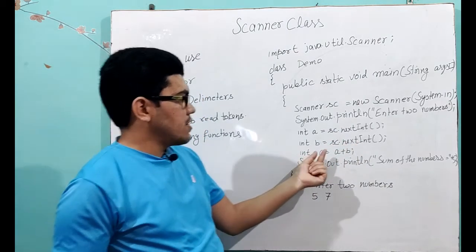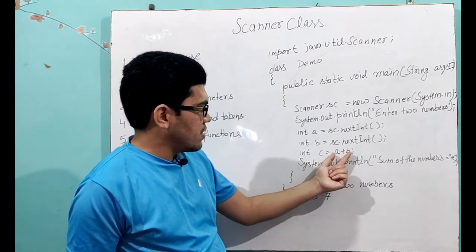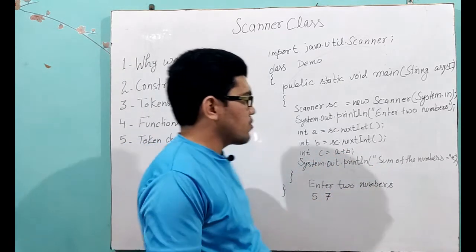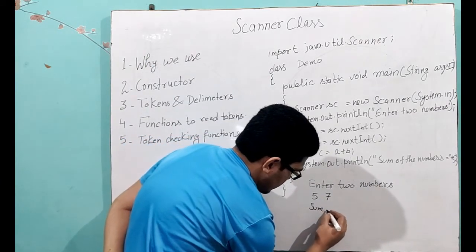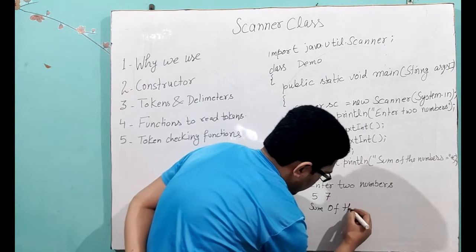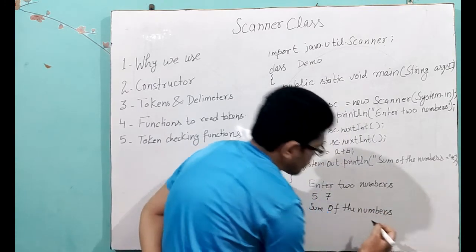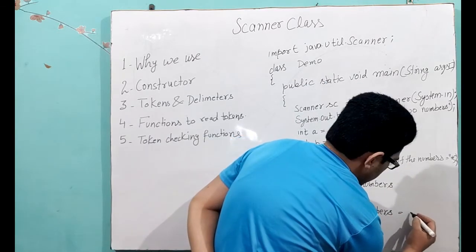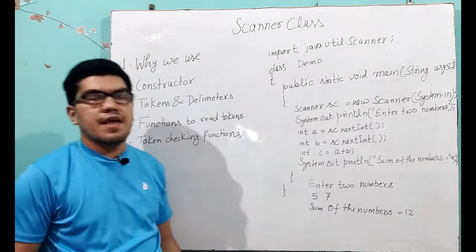Now int c, we are calculating the sum of both the numbers, and we print "Sum of the numbers is" plus c. So the next message it will print is "Sum of the numbers is equal to 12". Like this it will execute.